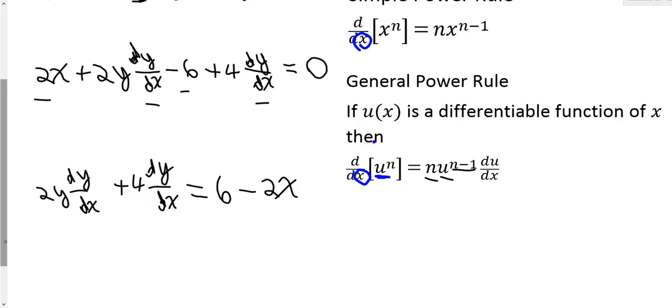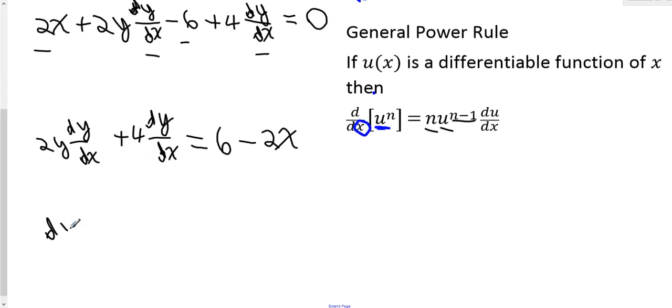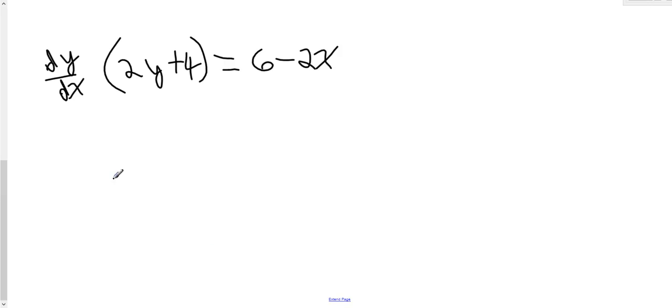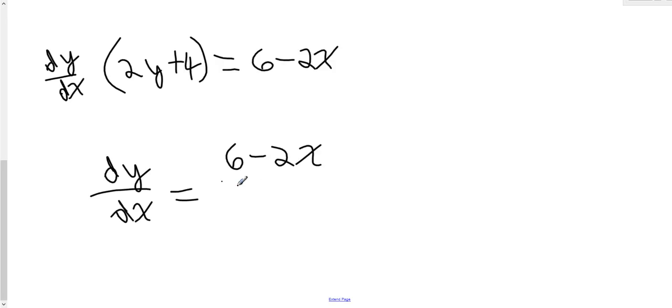Now I can factor dy/dx out of these two terms. And then I have 2y plus 4 here equals 6 minus 2x. And then to find dy/dx, I can divide both sides by 2y plus 4. So I get 6 minus 2x divided by 2y plus 4 is equal to dy/dx.